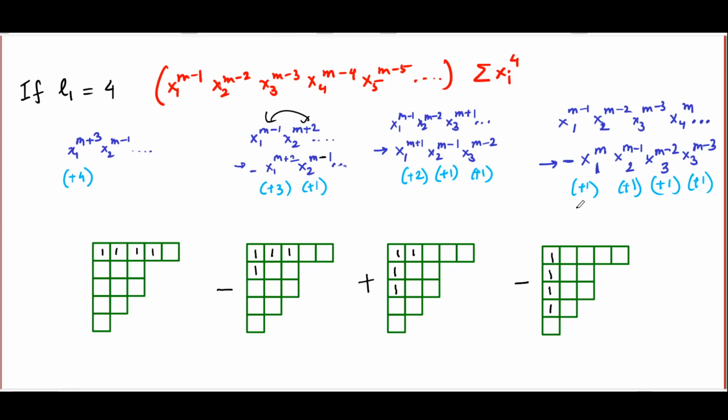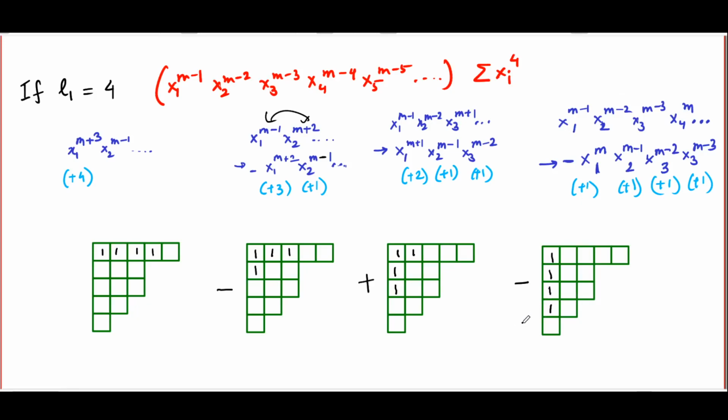You can of course verify that is exactly what will happen if you multiply by x4 to the power 4, which changes x4 to the m minus 4 to x4 to the power m, and then you have to move it all the way forward, jumping across 3 rows and therefore getting a minus sign.